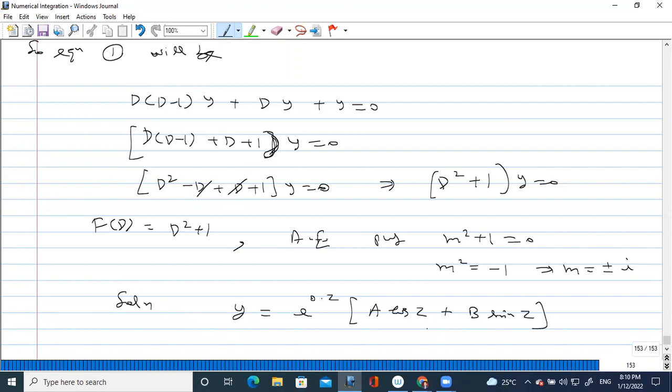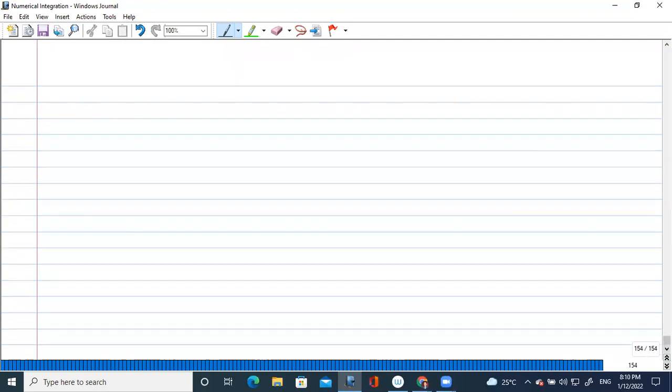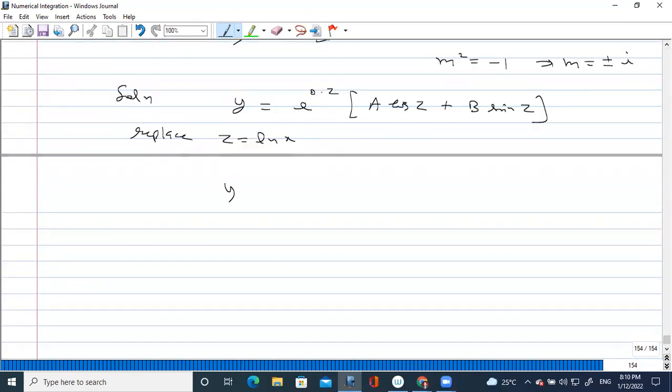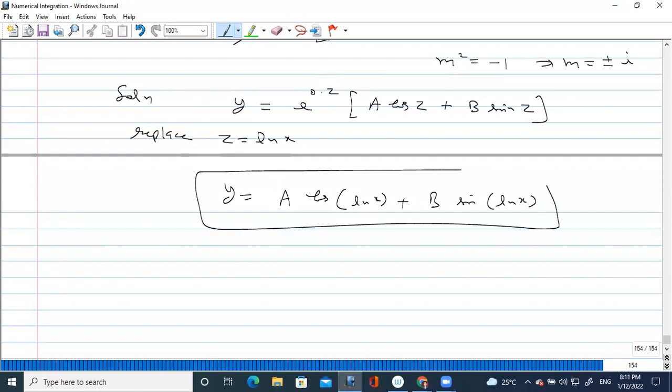So now you can replace the value of z. So this is the final solution. Replace z equal to ln x. Then y will become a cos ln x plus b sin ln x. So this is your final answer.